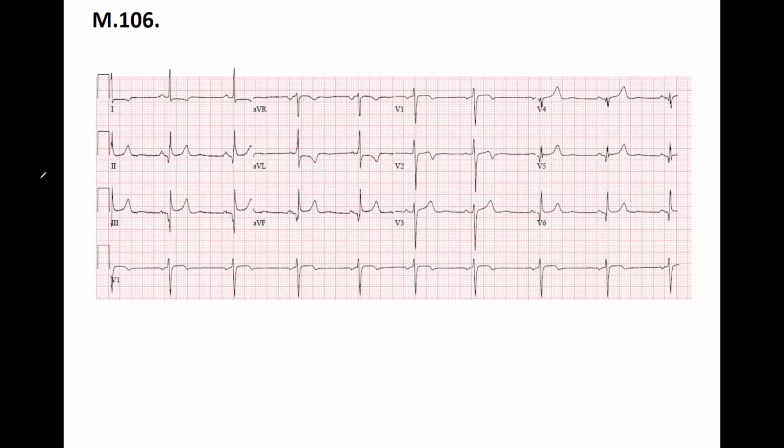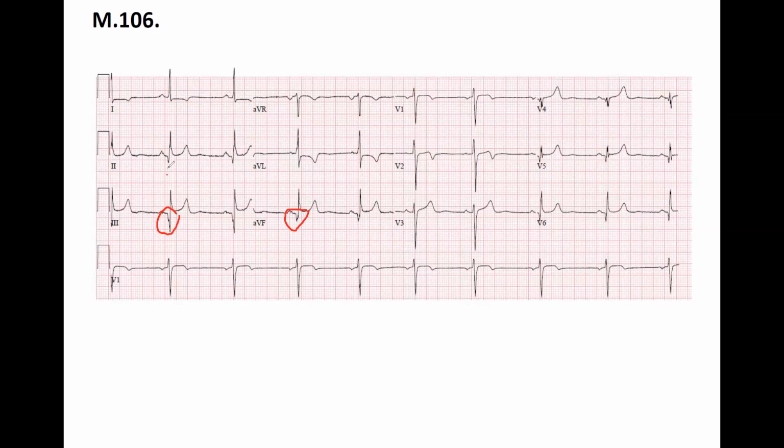I am, however, seeing, I believe, a pathological Q wave in lead 3 and in AVF, because it's wide, 1 millimeter or so, or a bigger one.